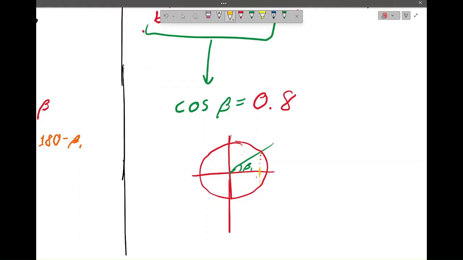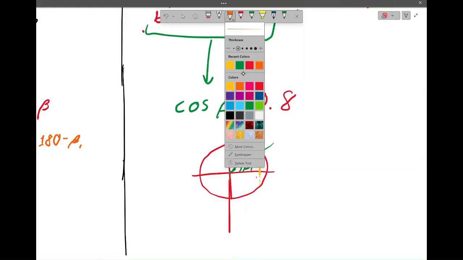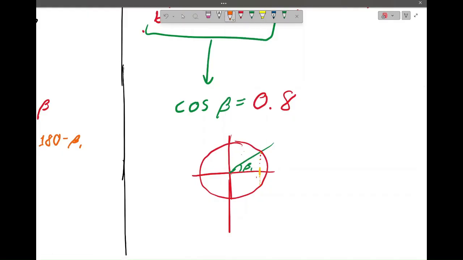So yes, there is a second angle that has the same cosine value. I used orange in the other one. This beta 2 right there is equal but opposite. So this angle right here is going to be beta 2, and we can see clearly that beta 2 is just negative beta 1.